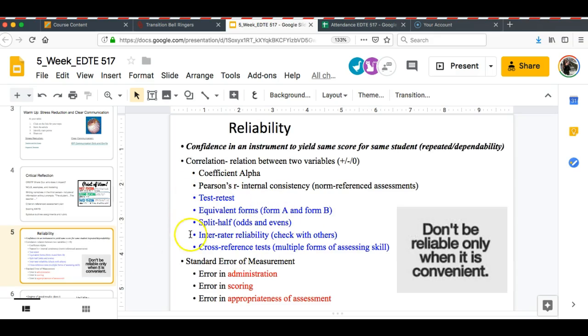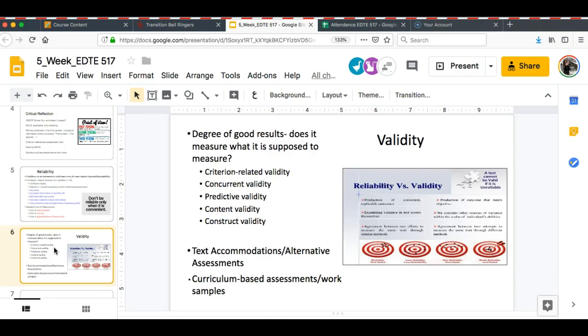Reliability: we talked about how we increase the reliability of your assessment report by using different types of things that you can do, like checking with others for inter-rater reliability and cross-referencing, so using more than one form to assess skills. We talked about the difference between reliability and validity.